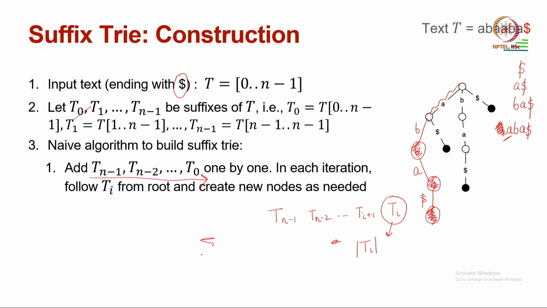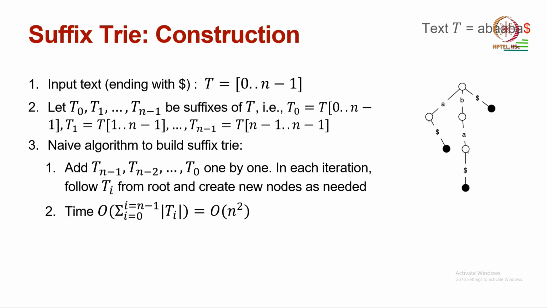So the runtime is the sum of all the suffix lengths, which is order n square in the worst case. In fact, this is not just the worst case; this particular algorithm is going to need n square time, because we are doing n square computations.